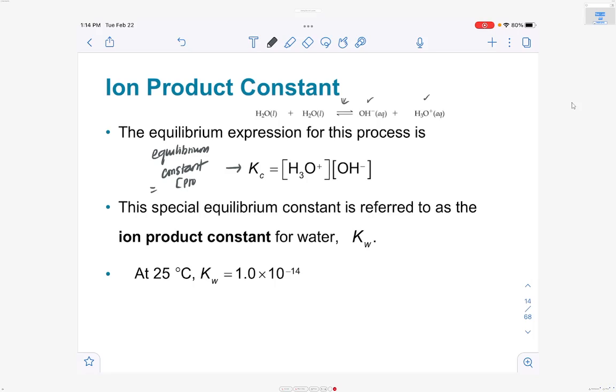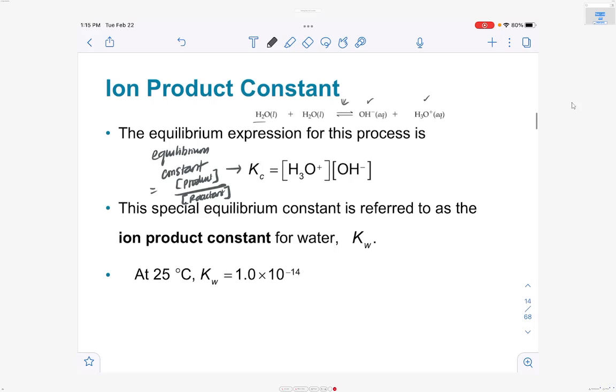Product concentration over reactant concentration, raised to the power equivalent to the coefficient in the balanced equation, right? So technically it should be hydronium ion times concentration of hydroxide divided by concentration of water.